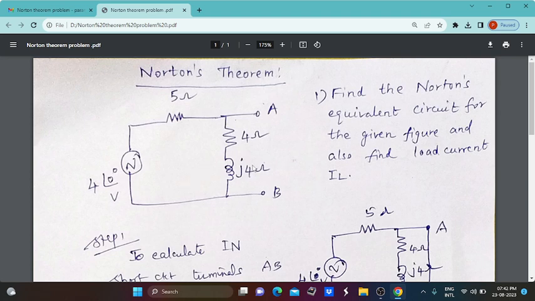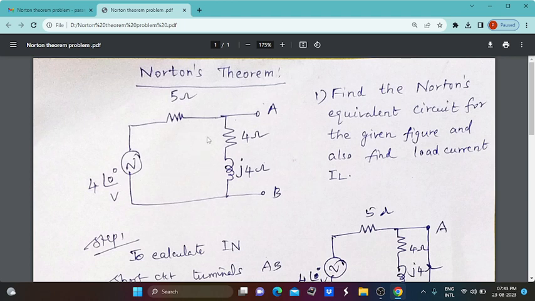Before going into the depth of this problem solving, we have to consider whether this circuit is an AC circuit or a DC circuit. Whenever you have a voltage source with a sine function with some angle value, we can surely consider this an AC circuit.